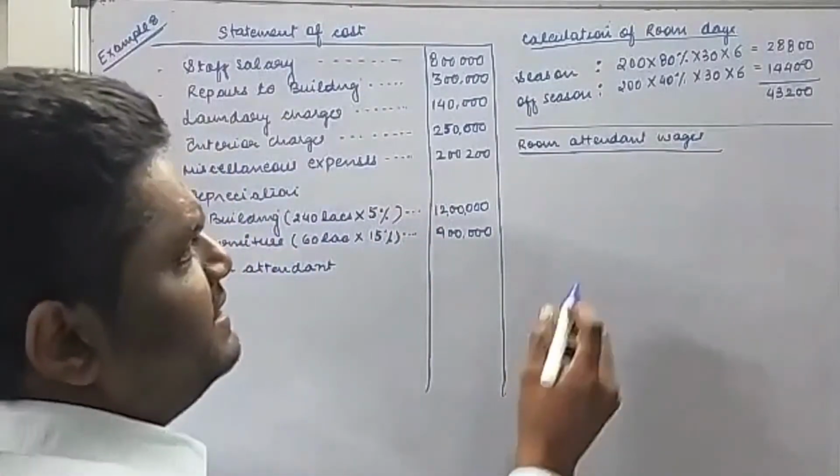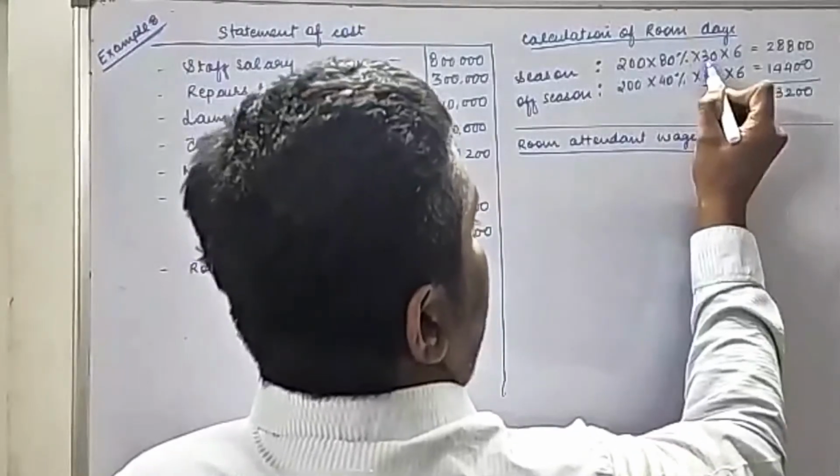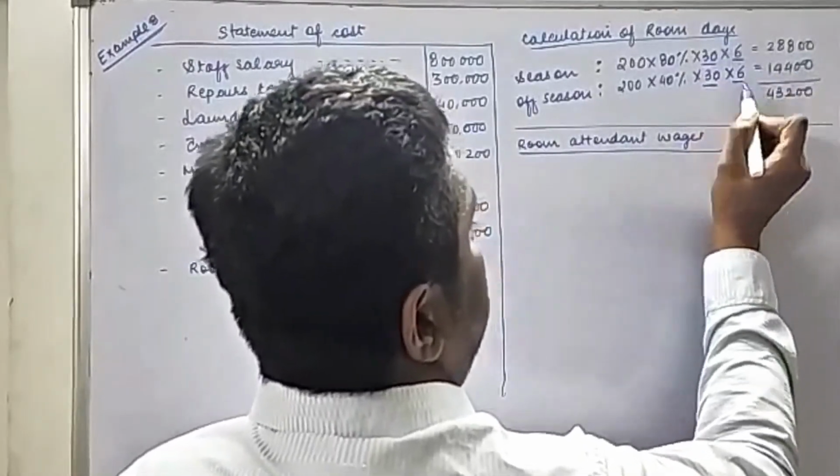These are 30 days. 30 is the number of days into 6 months.